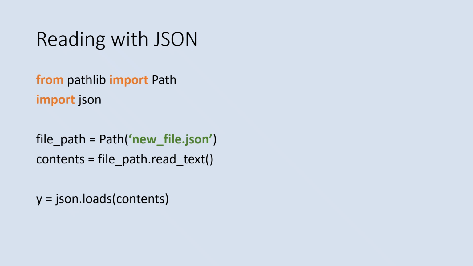So if we were then to print y, we would see that it's a dictionary, or if we were to use y just as a dictionary, then it will work the way we anticipate. So this allows us to save something and then open it at a later time. You can also open it in the same program.